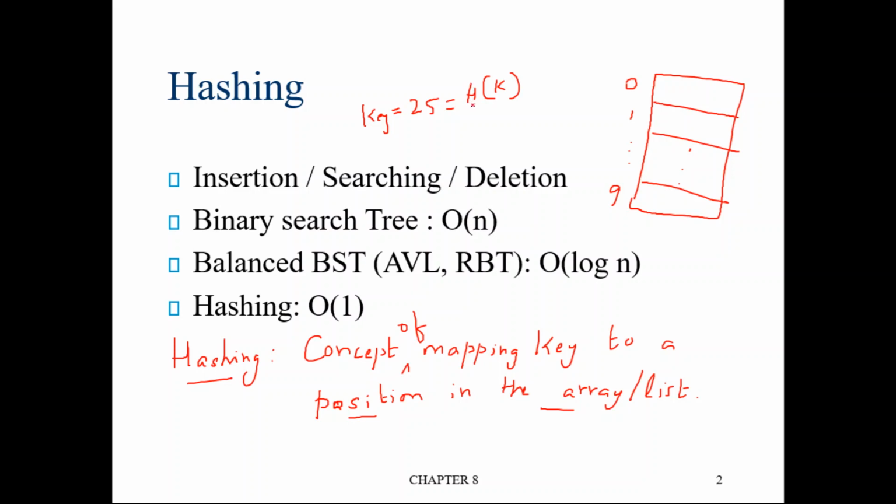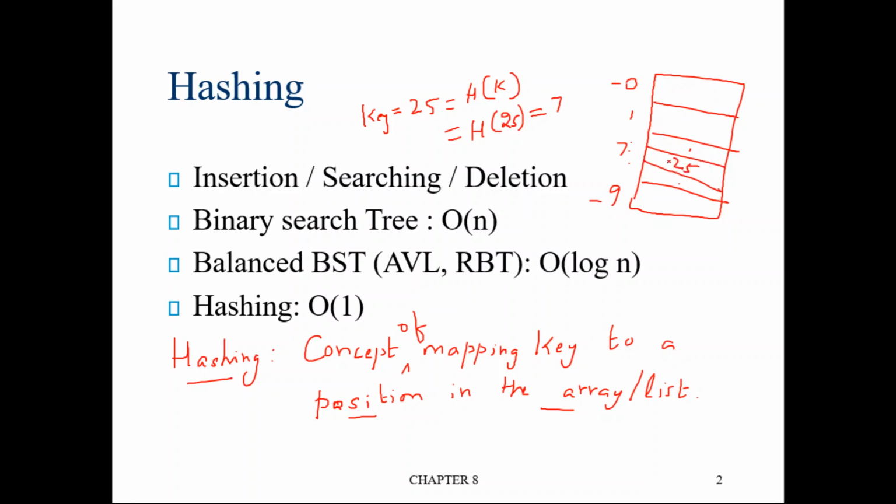The h is a function called the hash function. This function takes the key as input and produces one of these values as output. Our array size is 10, so the starting location is 0 and the ending location is 9. If this function returns 7, then the element 25 will be placed at the 7th location of the array.